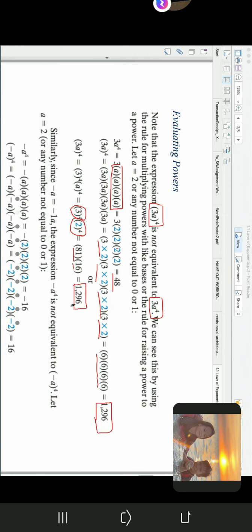But you have to bear in mind that when a term is enclosed in parentheses and raised to a certain number, that is not equal to this one.